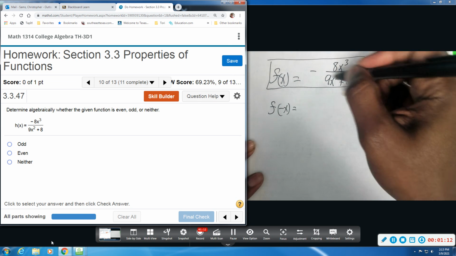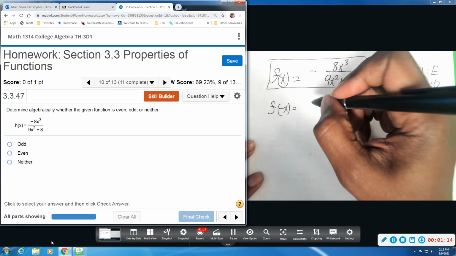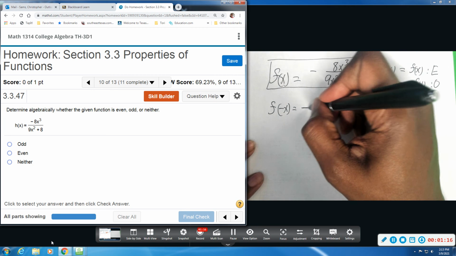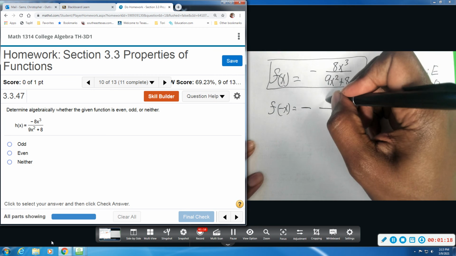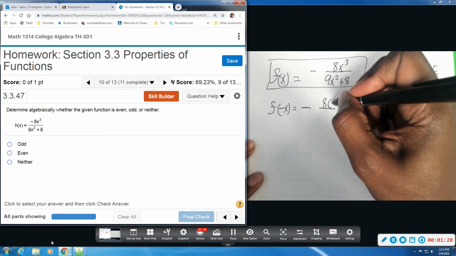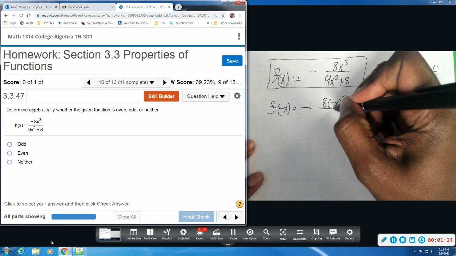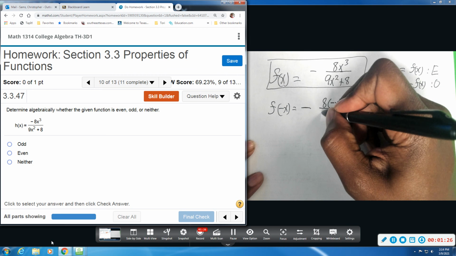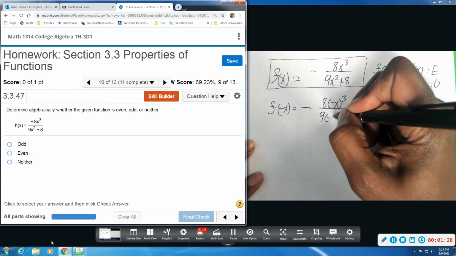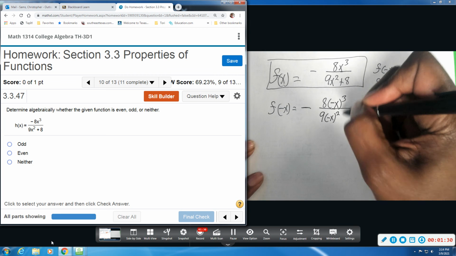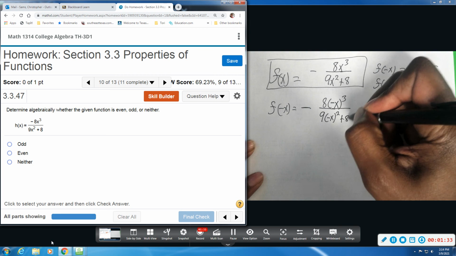So I'm going to be replacing each x with a negative. So we have a negative on the outside, and then 8 of a negative x cubed. And then we have a 9, and then a negative x squared plus 8.